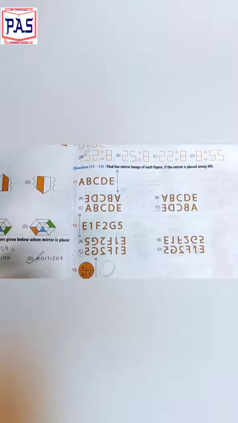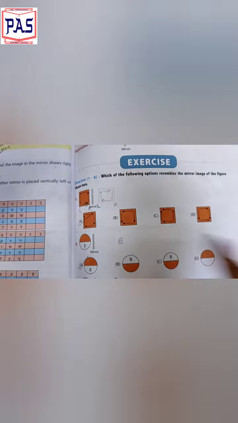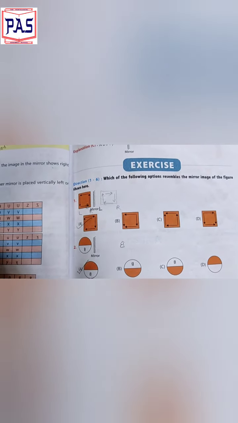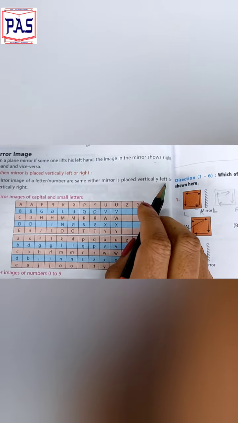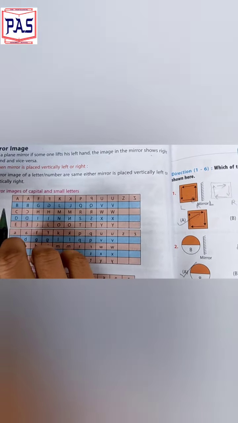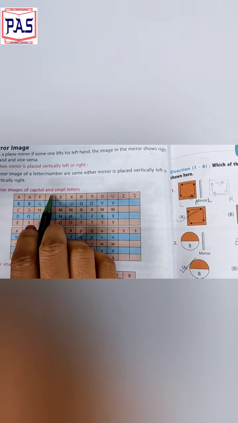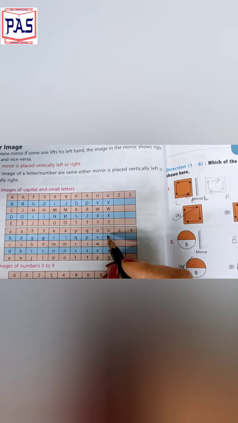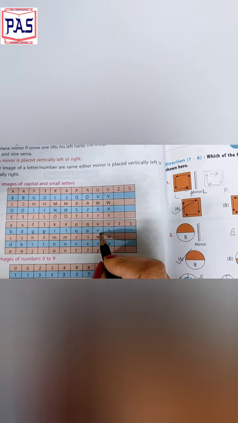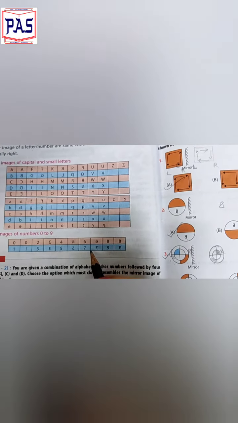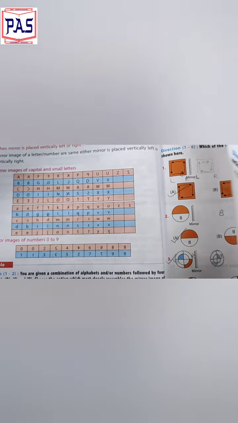As already given in your book, the mirror image of a letter or number is the same whether the mirror is placed vertically left or vertically right. Mirror images of capital and small letters, and of alphabets and numbers, are given here. So how will it look in the mirror?